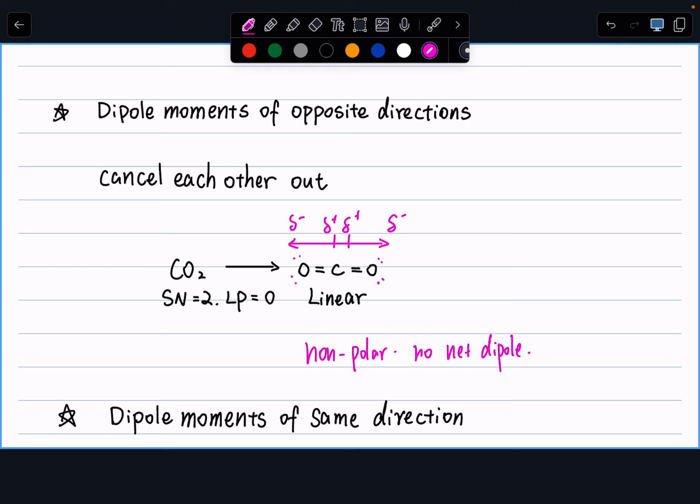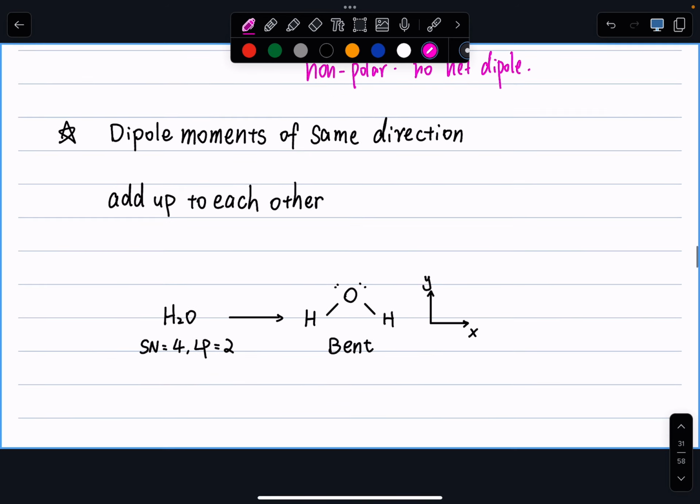Alternatively, let's look at water again. We just did a derivation that water is a bent molecule. So this bond angle here is smaller than 109.5 degrees, right? Likewise, oxygen is more electronegative than hydrogen, so we can write a dipole moment for both chemical bonds. Now, in this case, my dipole moments will not cancel out with each other.